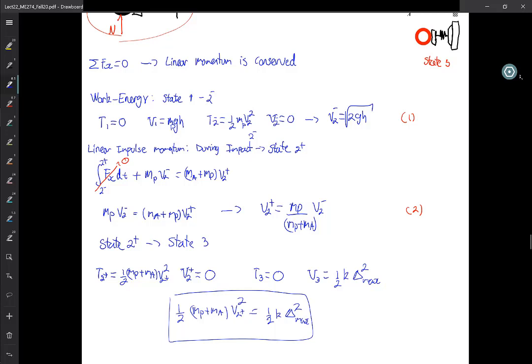So this problem illustrates nicely, I gave you two examples of problems where the extra equations come not from kinematics, but from using combined, and this is going to be a big theme, combined linear impulse momentum and work energy. Let me just finish this. In the exam, it's not going to be clear for you which one to use.